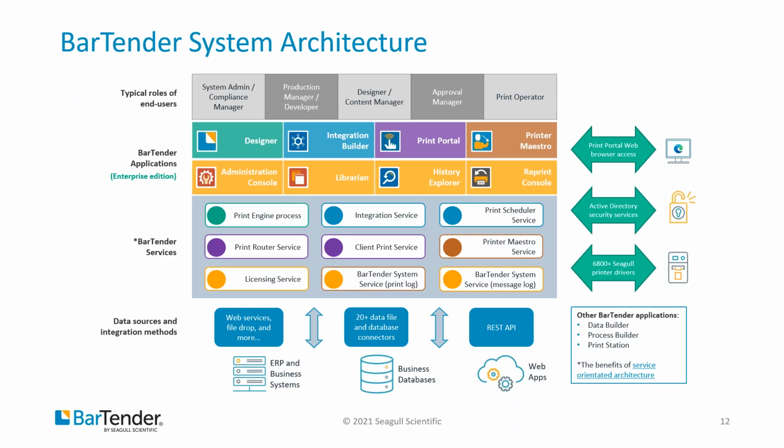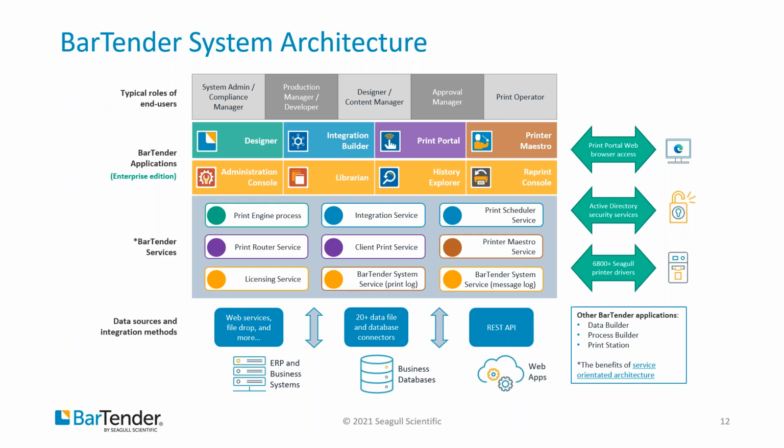BarTender itself can connect to various databases and data files to pull the information that it needs as part of its printing processes. And of course, there's also a REST API, and this is part of the Print Portal web application. So that is going to be very important as we start to discuss BarTender and the cloud.